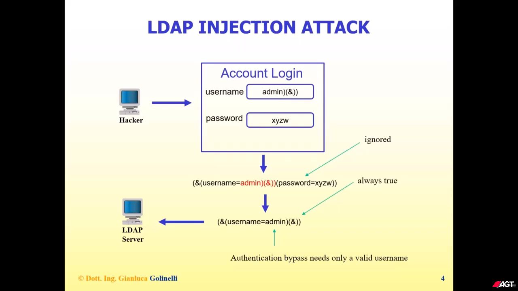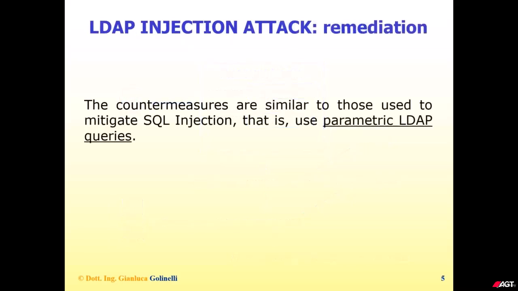In the absence of input validation and assuming a server-side concatenation of the user input with constant parts of the where condition of the LDAP query, the example shows how you could get a query with a true where condition simply by knowing a valid username. The use of parametric LDAP queries and input validation are, as in the case of SQL injection, the countermeasures to be adopted to avoid LDAP injection.